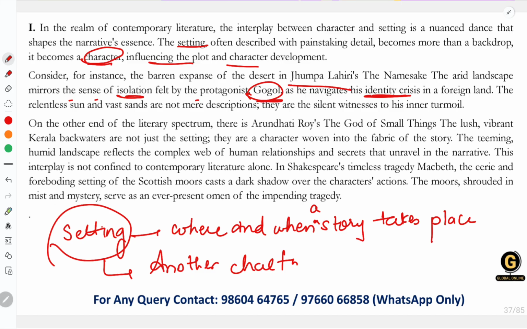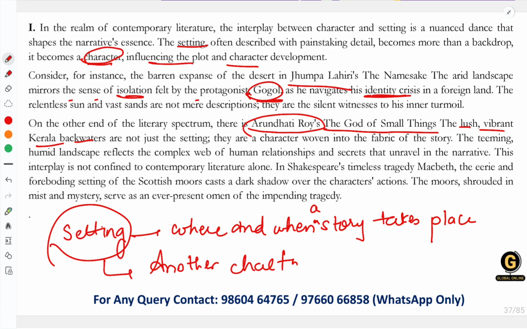The second example that the author has given is The God of Small Things. This passage then discusses Arundhati Roy's The God of Small Things. Here the author talks about Kerala's lush, vibrant and humid landscape. This can connect with the characters and their relationships.